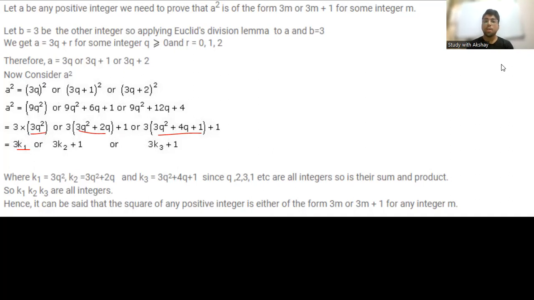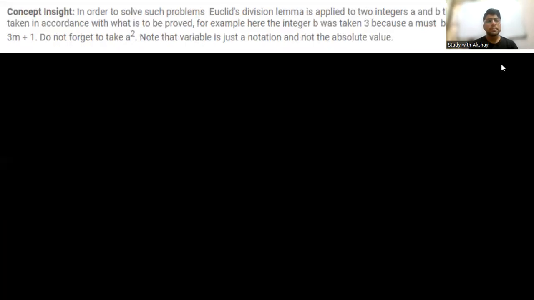That doesn't mean that I don't know how to solve that question. I know how to solve that question, but it becomes practice for you also. It's an easy question. You can solve it. So before going to the next question, let's see the concept. In order to solve such problems, Euclid's division lemma is applied to two integers a and b.